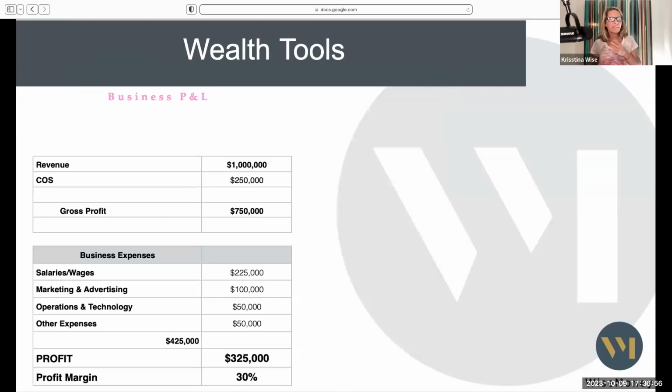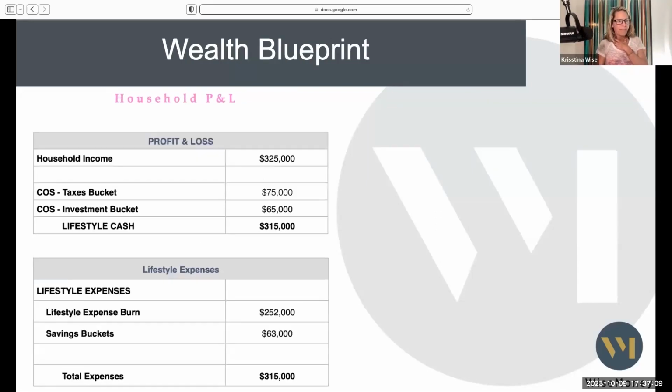So real quick, here's an example of a business profit and loss. Your business makes $1 million, and after all expenses, your profit's $325,000. That's a profit margin of 30%. You move that profit over that $325,000 over to your household. Your tax bucket's $75,000. Your investment bucket's $65,000.